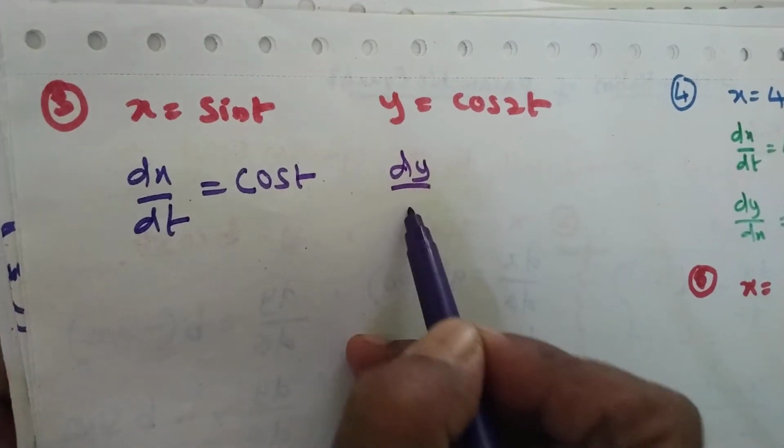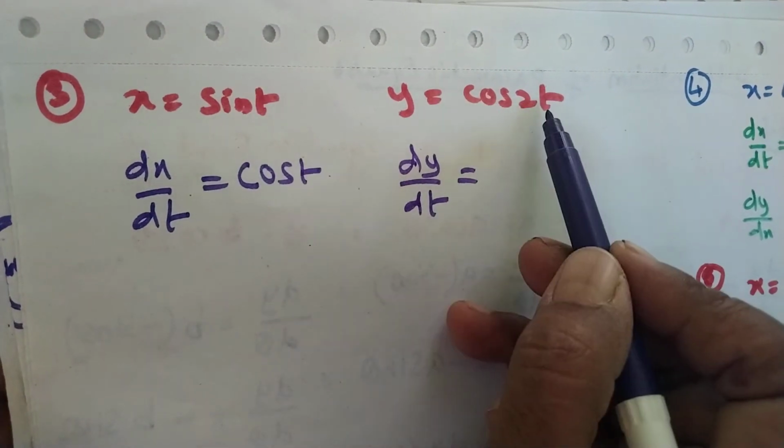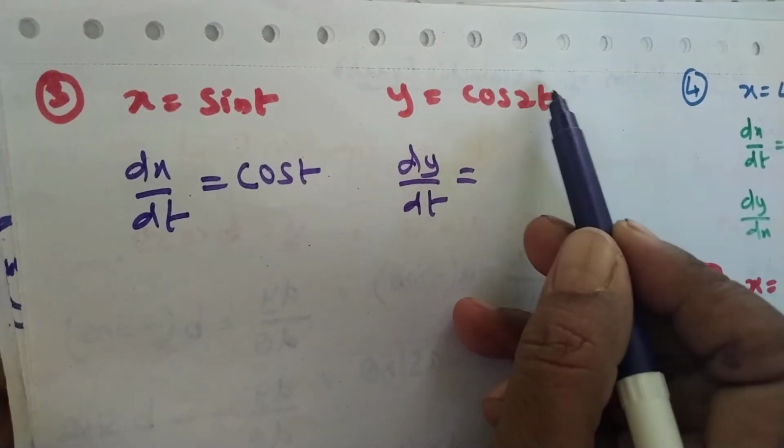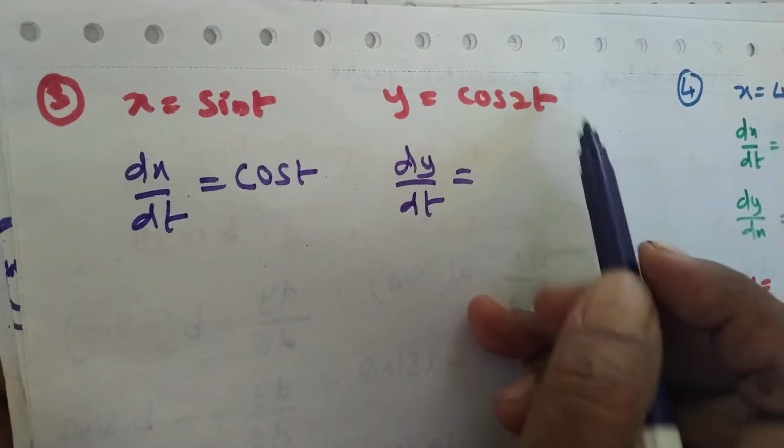Differentiate y with respect to t, differentiation of cos 2t. Suppose u equal to 2t, then you have to differentiate cos u with respect to t.